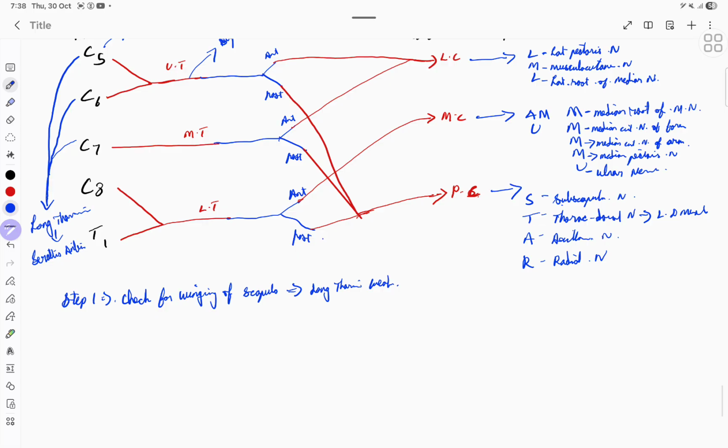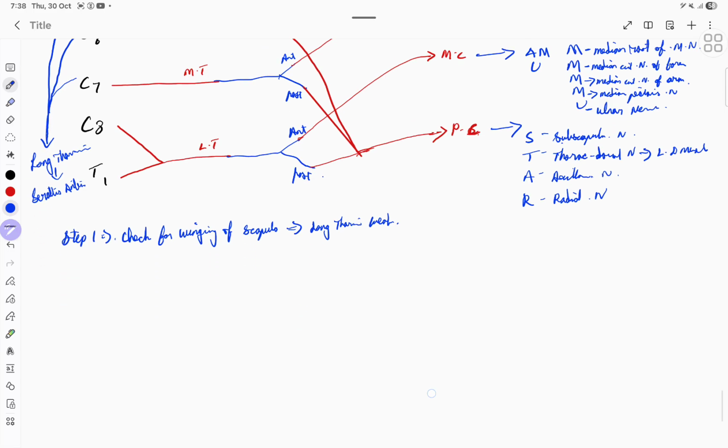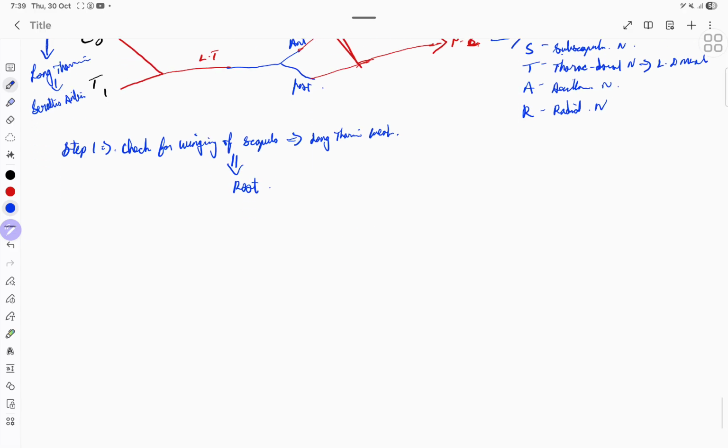Since the long thoracic nerve arises from the root, if winging of scapula is present, we will localize the lesion to the root. So now, how to check winging of scapula?